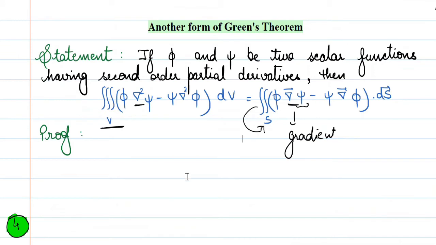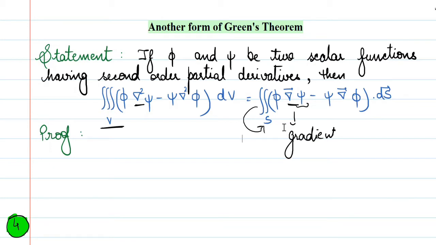And here we are having volume integral and surface integral. So can you think of a theorem which actually relates volume integral to the surface integral? Yes, we have a theorem which is Gauss divergence theorem. So you get me right that here in the proof we would use Gauss divergence theorem to solve.